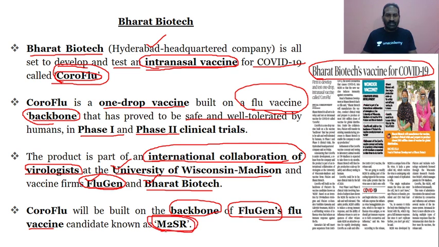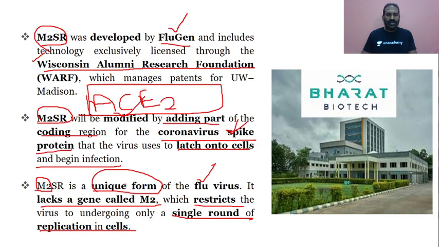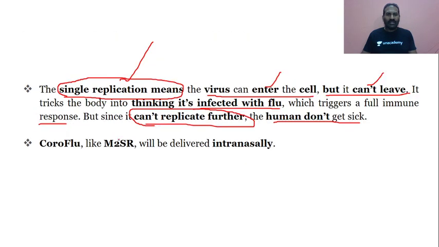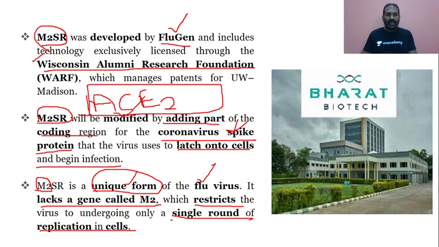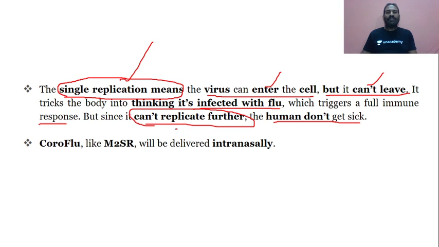This M2SR is a unique form which lacks the gene called M2, and so it undergoes only a single round of replication in the cell. Because it is a single round of replication, further replication, that is multiplication, doesn't take place. And once multiplication doesn't take place, the virus is not spreading.